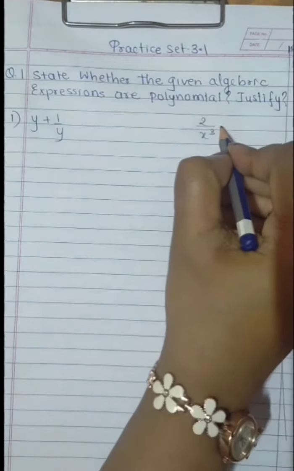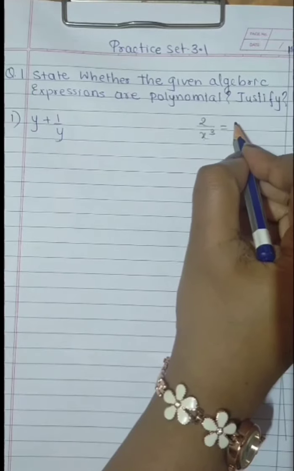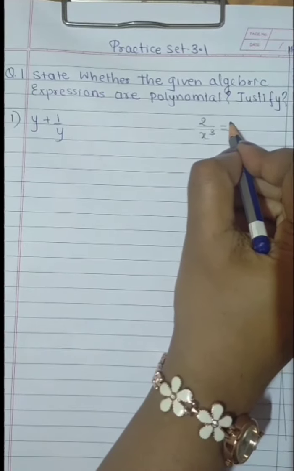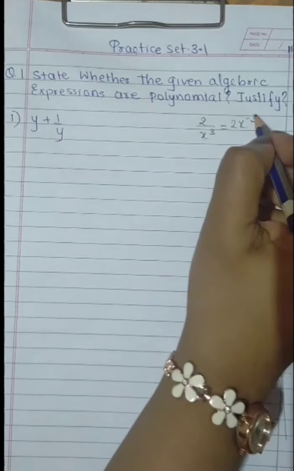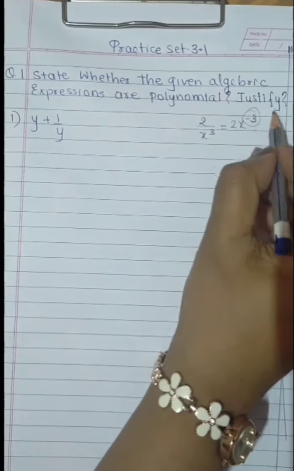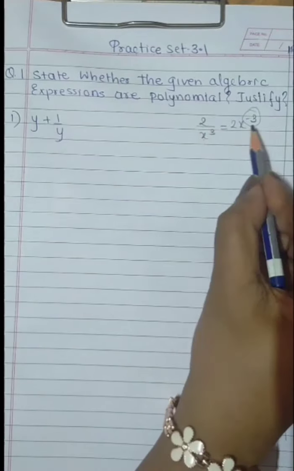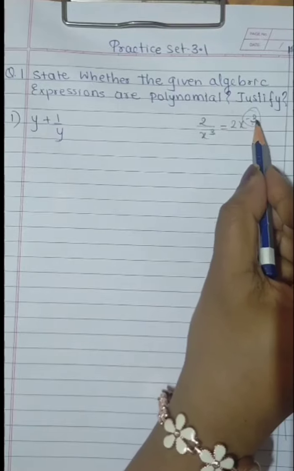When it comes to the opposite side of the numerator, it will become 2x to the power minus 3. Here the sign changes. The positive sign changes to negative because of the opposite direction.